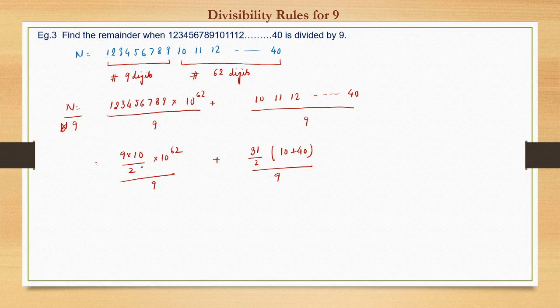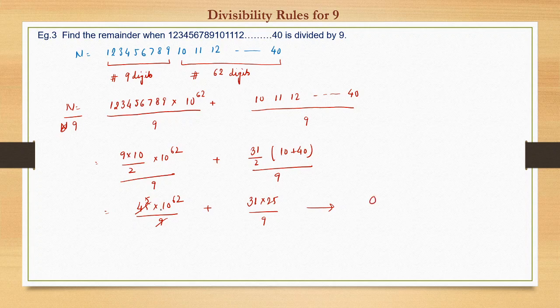So this term here is nothing but 45 into 10 raised to power 62 by 9, and here this becomes 50, so 31 into 25 by 9. Here this will cancel out, so remainder is 0.